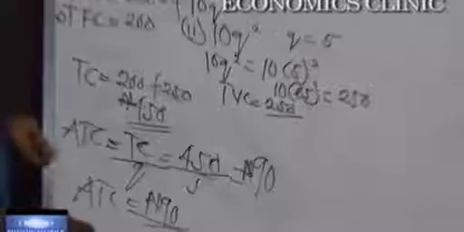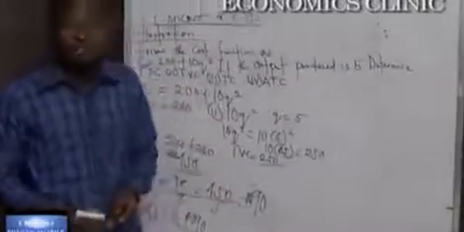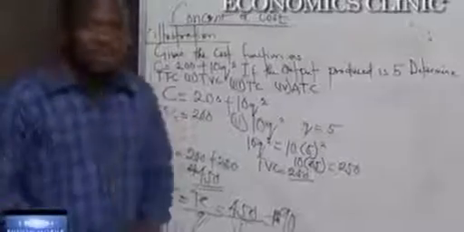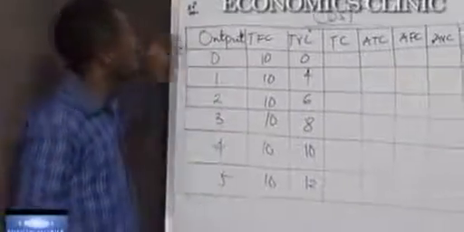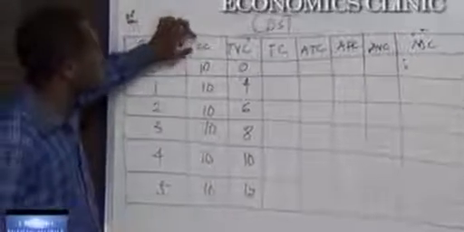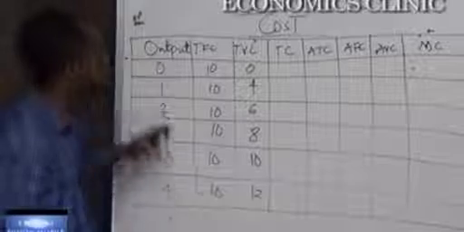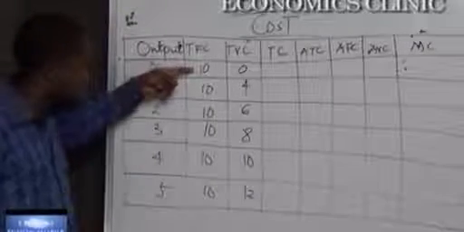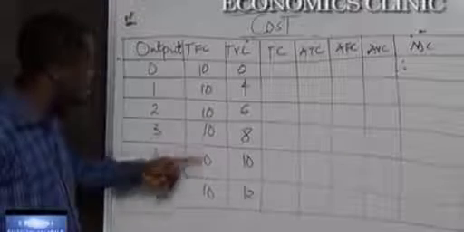We can also represent this in a table. Sometimes questions come in a table, and we're going to solve that using the table method. Now let's consider a cost table where we have output, total fixed cost, and total variable cost. You can see from here that total fixed cost is fixed. The numbers are fixed: you have 10, 10, 10, 10, 10, 10.